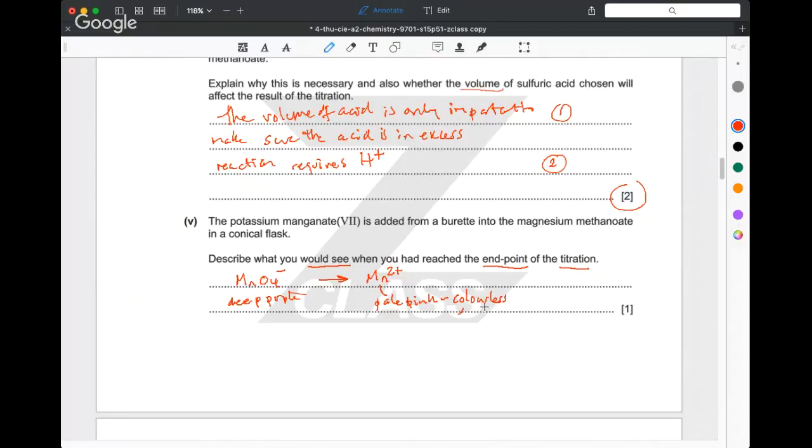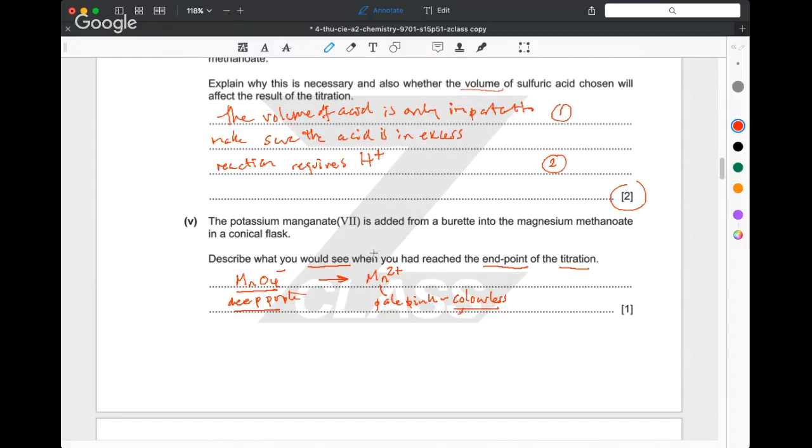And the magnesium methanoate solution is colorless too. So as you add this manganate 7, as it goes into the solution, the deep purple color completely disappears because it's getting used up to make this pale pink or colorless manganese 2 ion over here.